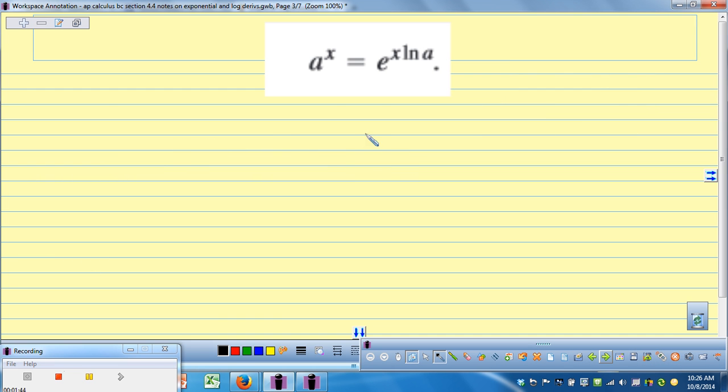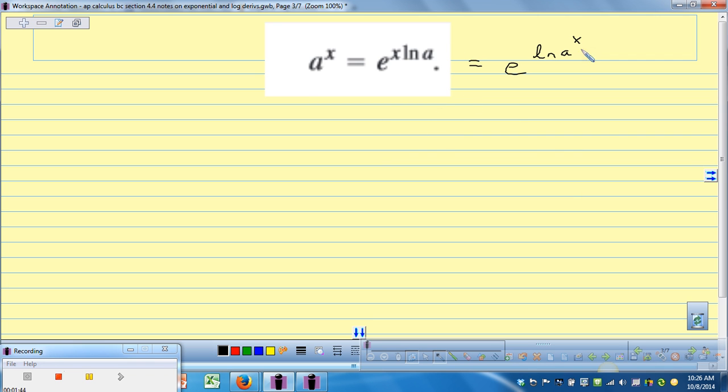Now, the next one we want to take the derivative of is a to the x. And to do this, we need to believe that a to the x is the same as e to the x times natural log of a. If I take one more step and apply the log properties that we know, that is equivalent to e to the x natural log of a, is it not?